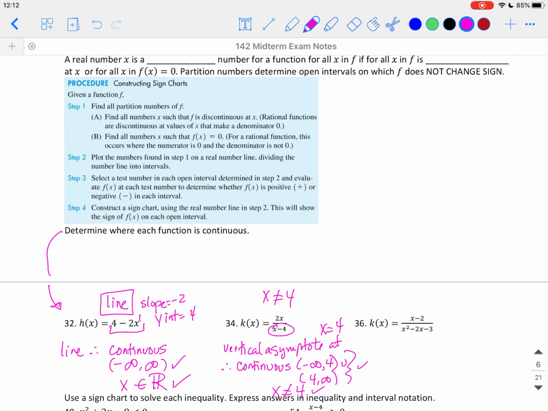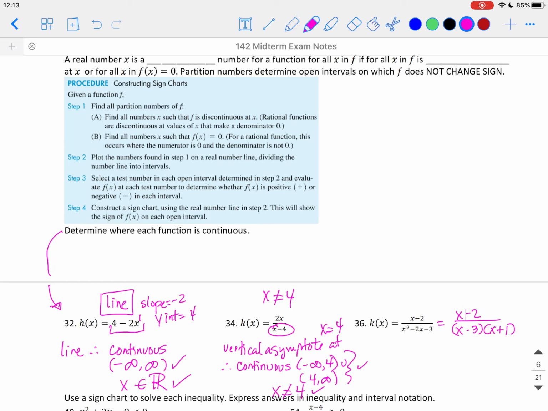The last one, k of x is equal to x minus 2 over x squared minus 2x minus 3. We can graph it, but again, we run the risk of missing any open circles. But let's see. So I'm going to factor this one out. So this is going to be x minus 3 times x plus 1.